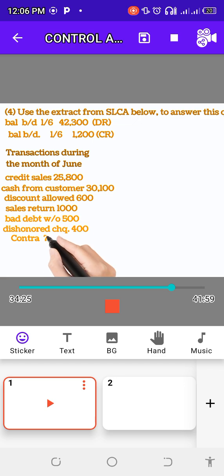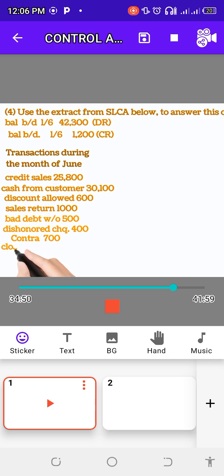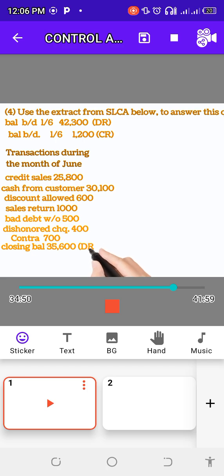Then contra. Contra is a set-off between the sales ledger control account and the purchases ledger control account, and it is 700. You have the closing balance of debtors.